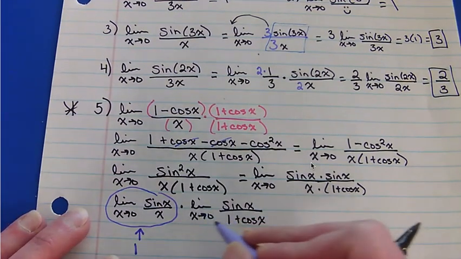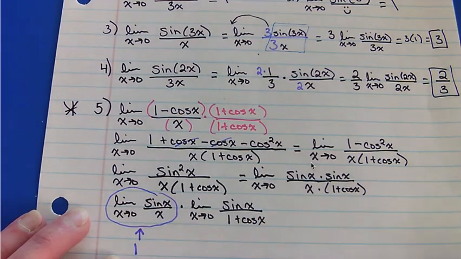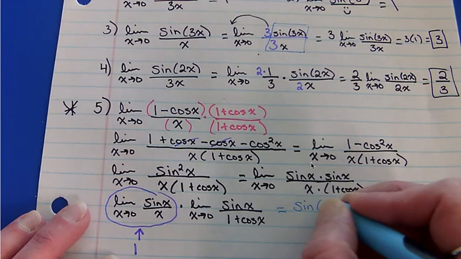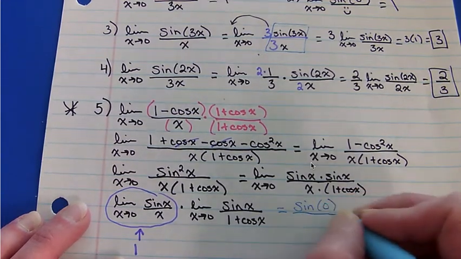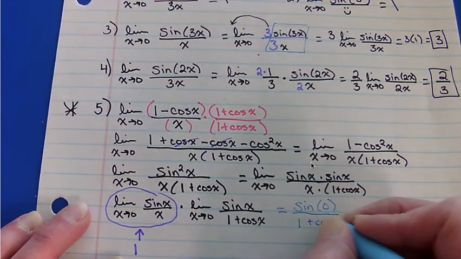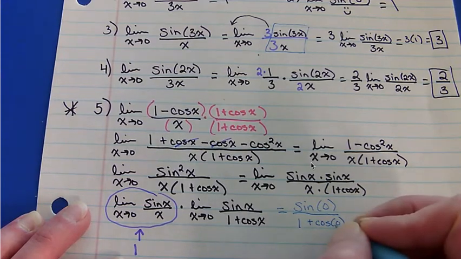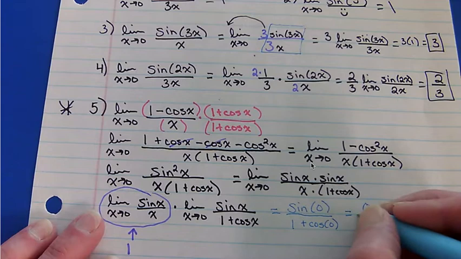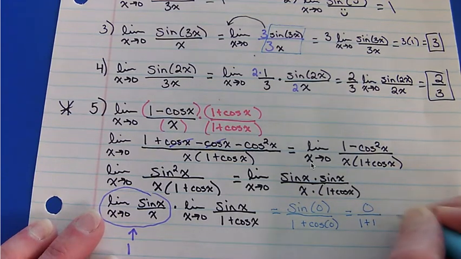Now I'm going to let x go to 0. I'm going to actually plug in 0 for x. So I'd have sine of 0 over 1 plus cosine of 0. And cosine of 0 is 1. And sine of 0 is 0. So I have 0 over 1 plus 1.